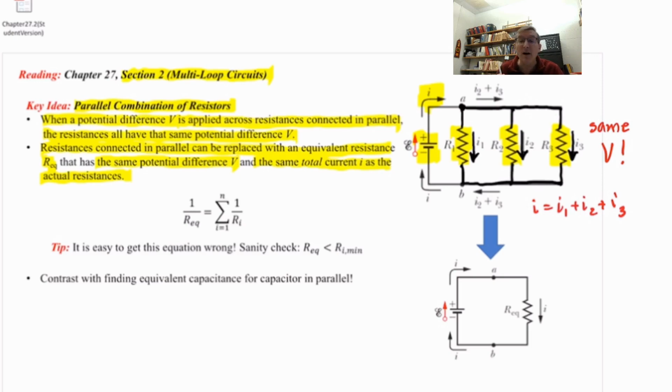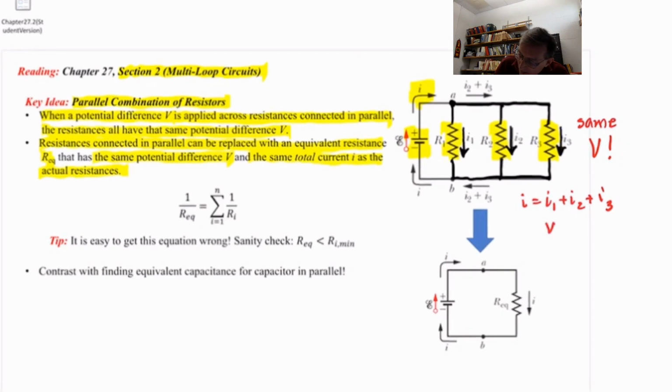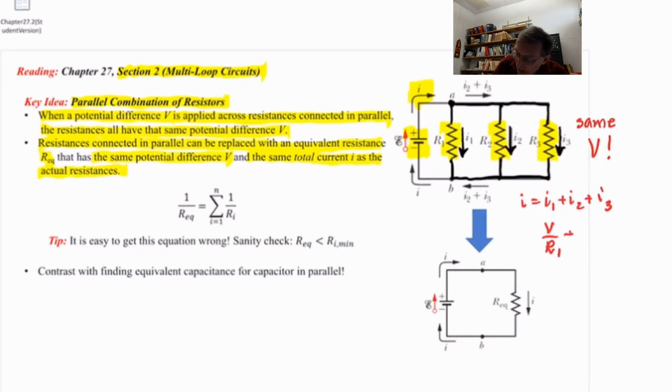R equals V over I, so I equals V over R. So for that I1 you see there, I'm just going to replace it with V over R1. And for that I2, V over R2, same V. And for I3, V over R3. And that sum there will be the total current.